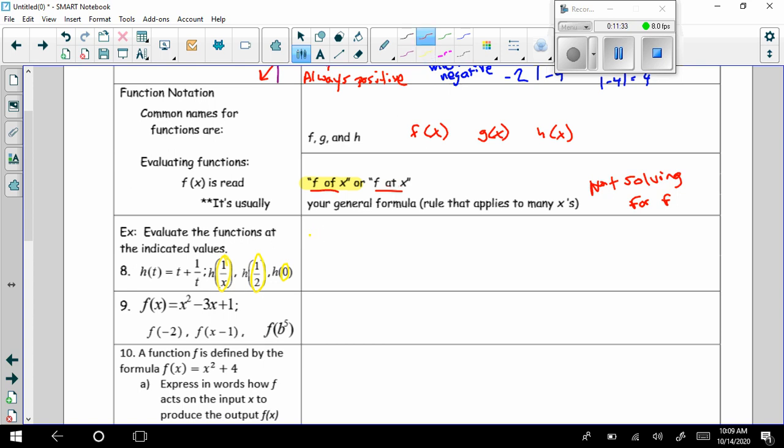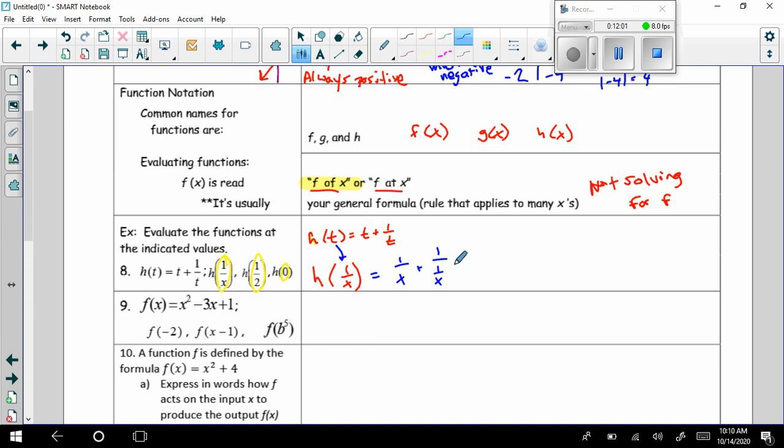All right, so if I have h of t is equal to t plus 1 over t, and I want to find h of 1 over x, then I'm going to replace each of my t's with 1 over x. So this is 1 over x plus 1 over 1 over x.